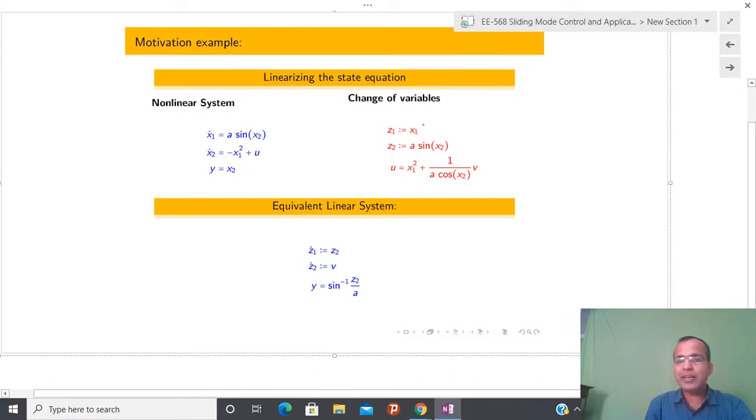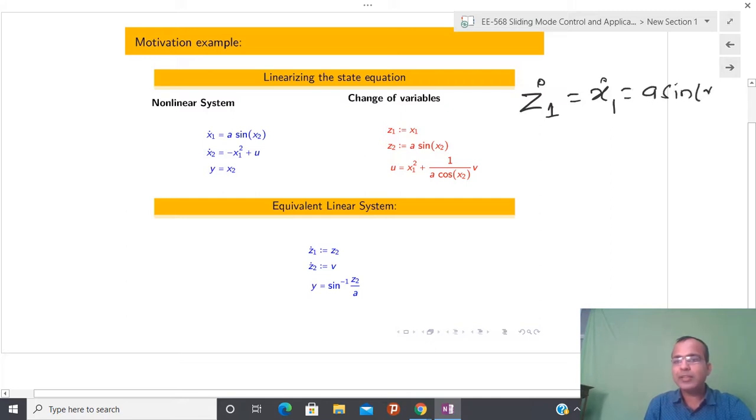If you define the coordinate system like this, then z1 dot equal to x1 dot, and you know that x1 dot equal to a sin x2. That also gives us some intuition, because if you are talking about a linear system, that should be z2, and due to that reason, in order to make a linear system, I have defined z2 like this.